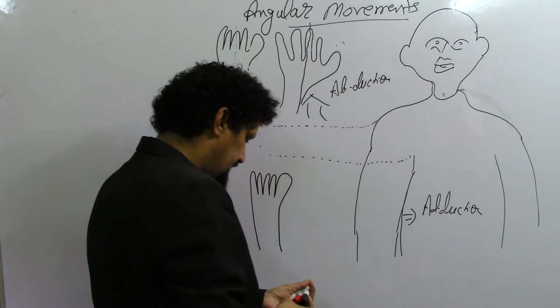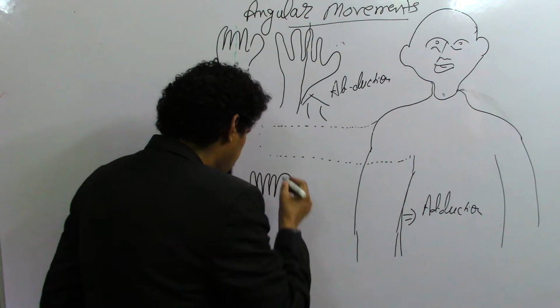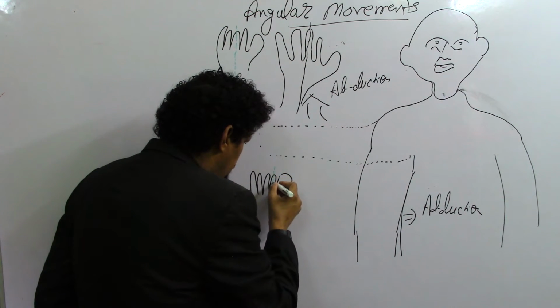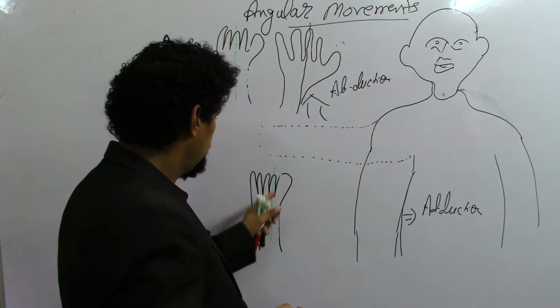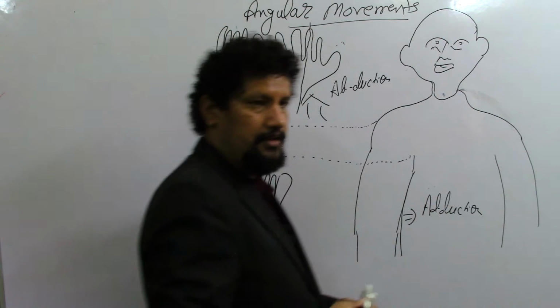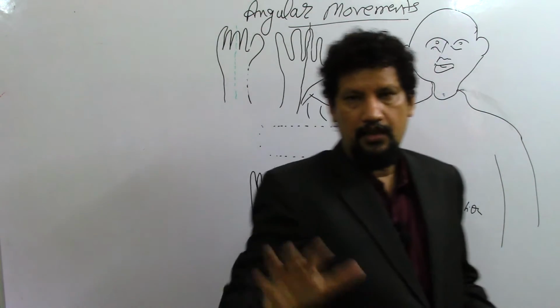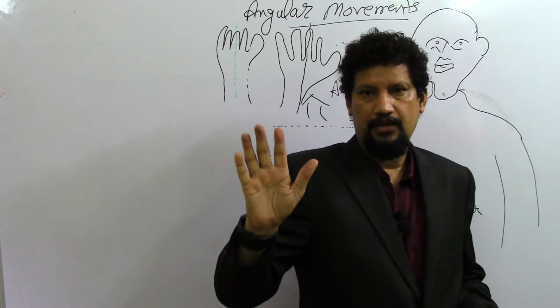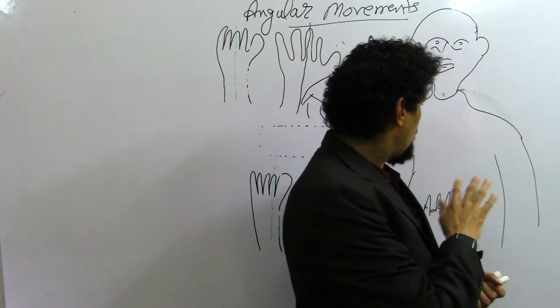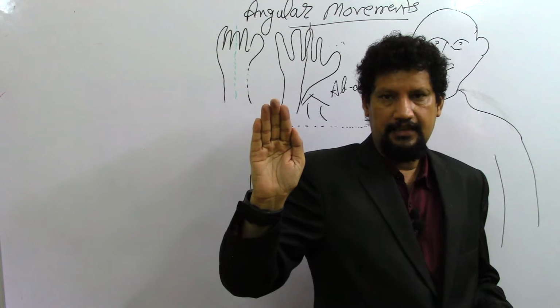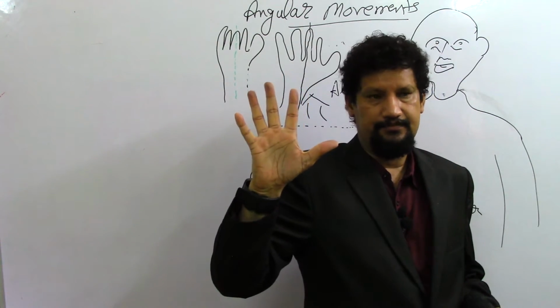The imaginary line which is used to demonstrate the movement is the second toe, and all toes coming closer to the second toe is adduction in the lower limb. Approximating is adduction and spreading is abduction.